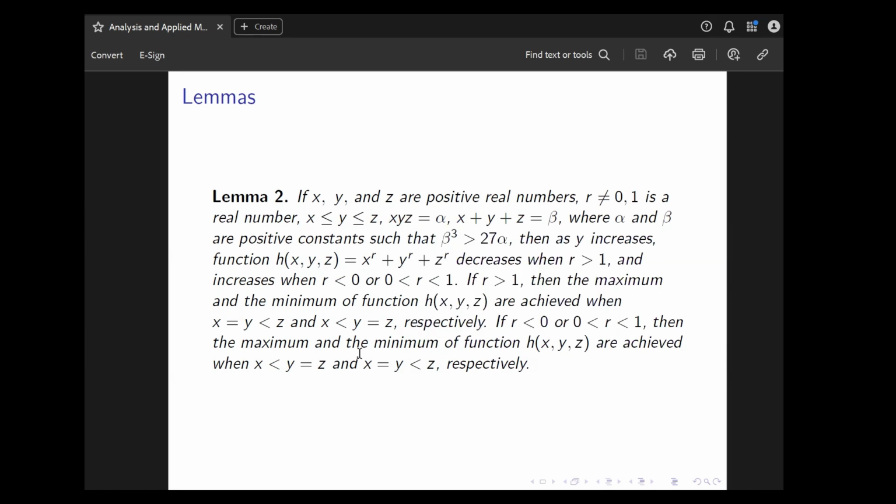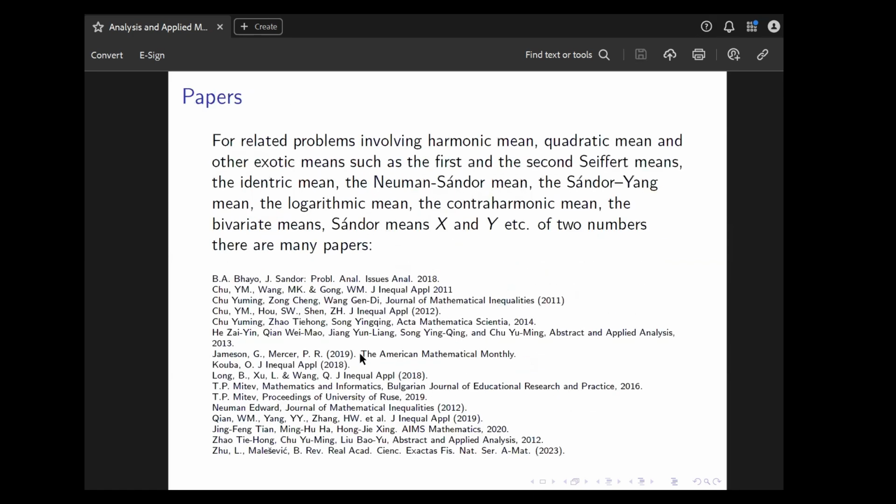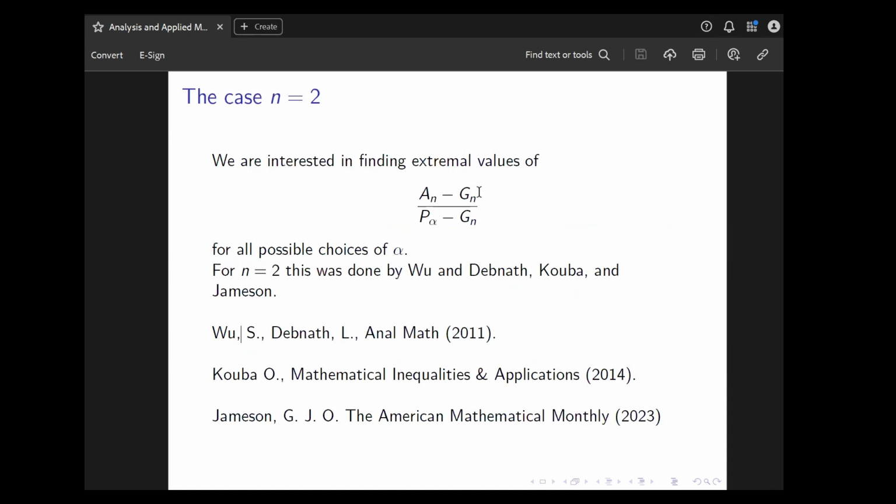So when I change x, y, z, I don't change anything in the geometric mean because the product is constant. I don't change anything in the arithmetic mean because that one is also constant. The only changing thing here is the power mean. And in the power mean, I change only 3 of them.